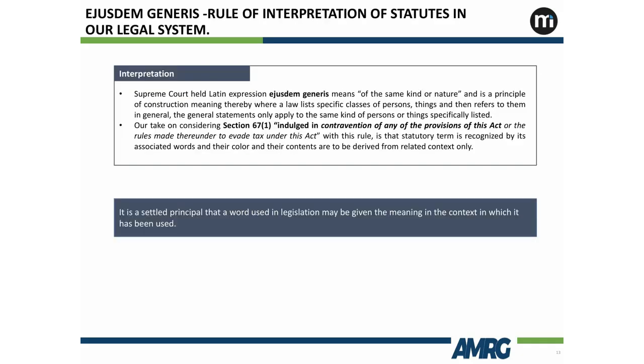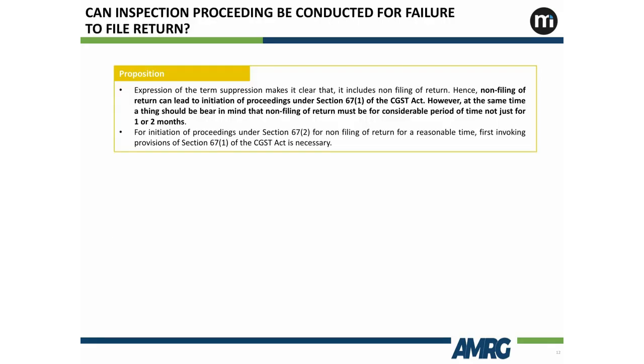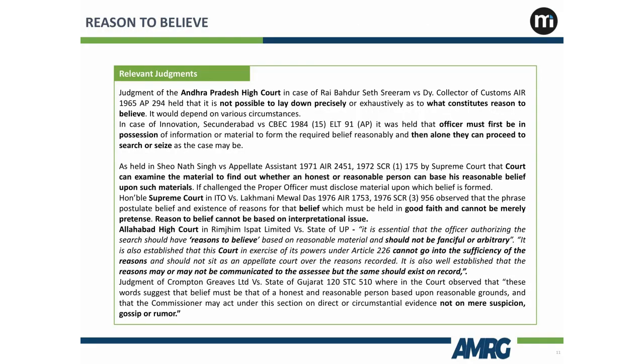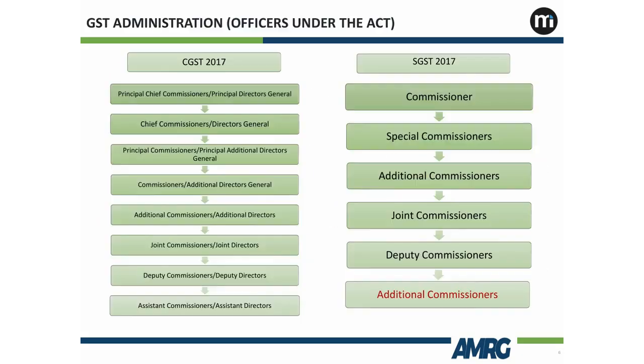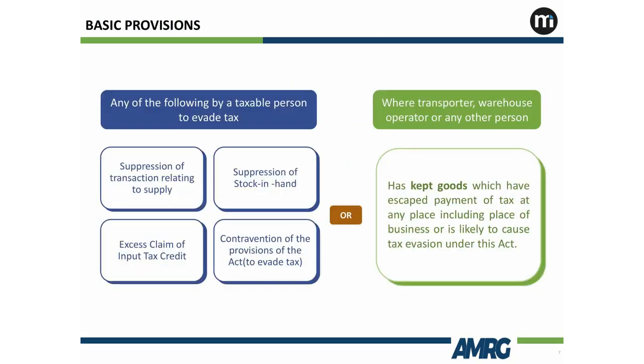Yes. So guys, there was a provision under 67, whereby I will just go a couple of slides back, where I said there are three conditions in which inspection can be initiated. First is suppression of supply, second is suppression of stock in hand or excess claim of input tax credit, and the third is contravention of any other provision. So many of the people, in fact, many of the tax officers will come to you and say that there is a fourth clause under which it can be initiated by us at our will, and it does not even belong to the first three parts.